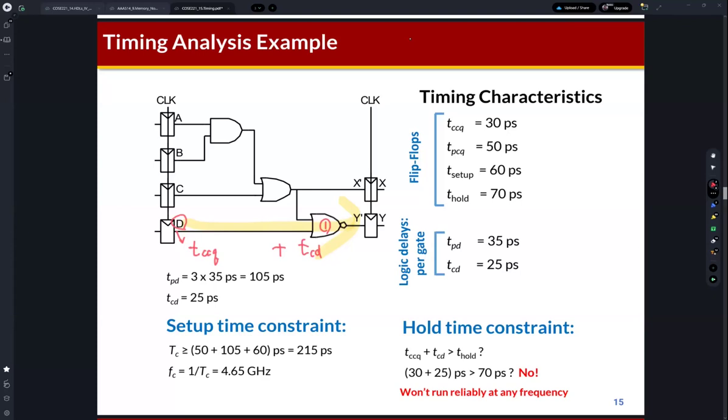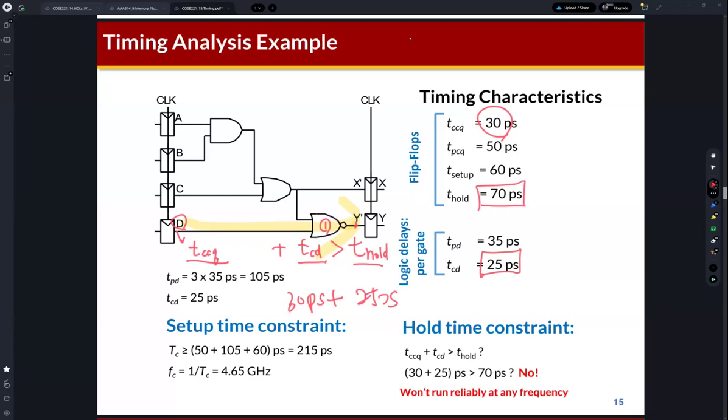This needs to be larger than the hold time. This is the hold time constraint, right? We calculate the minimum delay for this point, the input of the D flip-flop, and this minimum delay needs to be larger than the hold time. Let's check. TCCQ is 30 picoseconds, and TCD is 25 picoseconds. And what is the hold time?